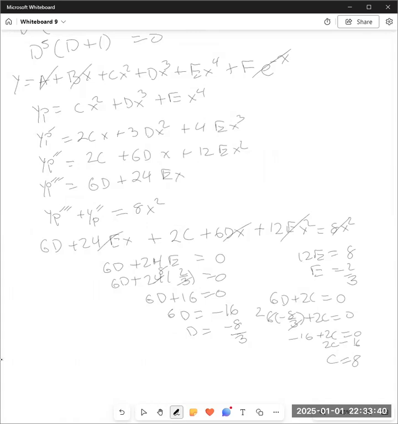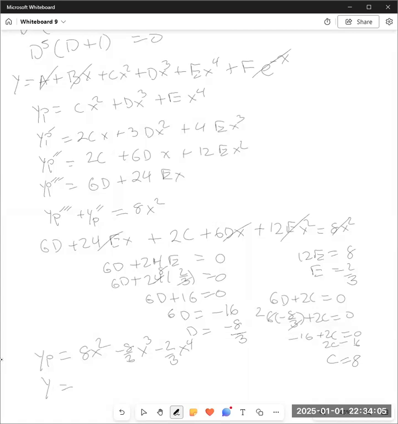So that gives me a yp of c is 8, d is negative 8/3, e is 2/3, and that's what goes on the end of y.